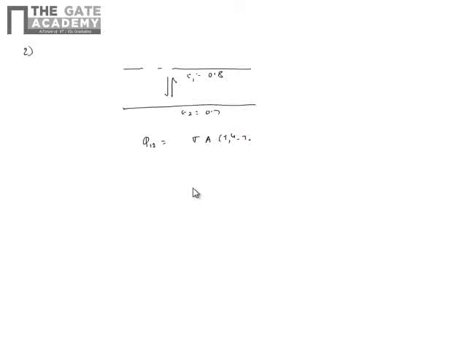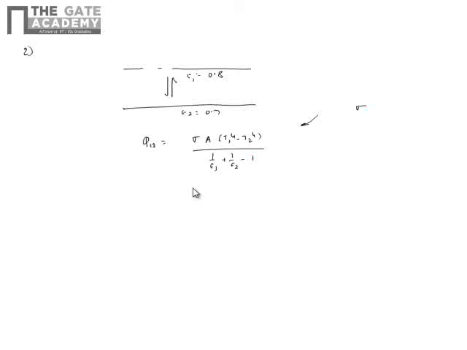divided by, for long plates, 1 by epsilon 1 plus 1 by epsilon 2 minus 1. So this is the general formula which is derived. There's a derivation for it. How do you obtain this?